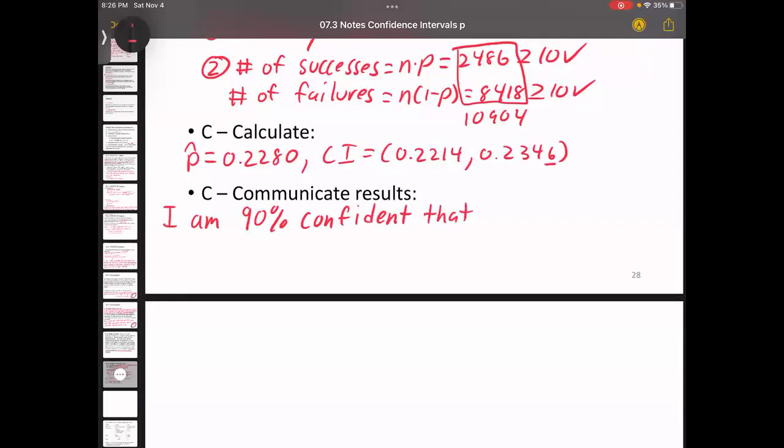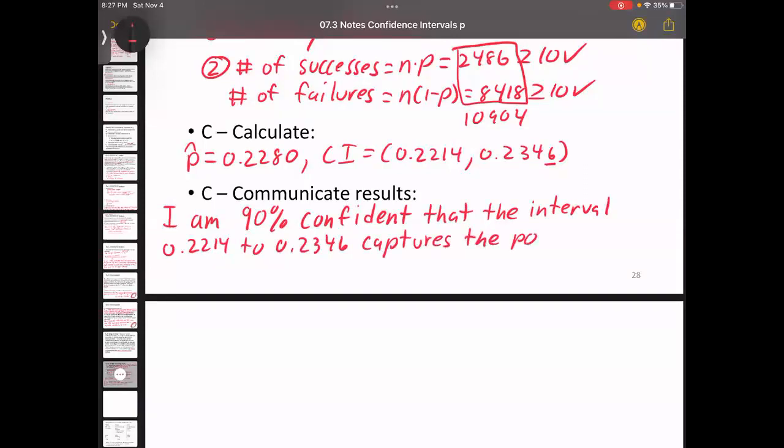that the interval, and this is interval 0.2214 to 0.2346, captures the population, I'm going to abbreviate here again, proportion of, and we have to go back.